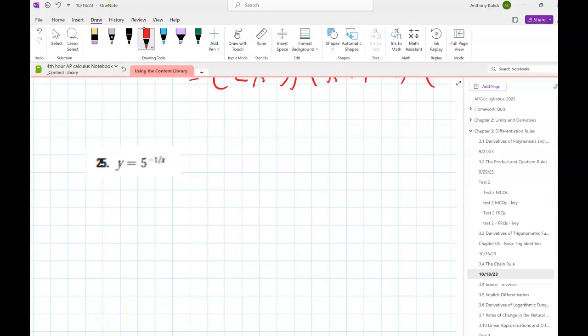So I look at this and I see definitely a chain rule because the exponent isn't just an x. So the outermost function is 5 to the x, right? What's the derivative of 5 to the x? It's 5 to the x times the natural log of 5, right?